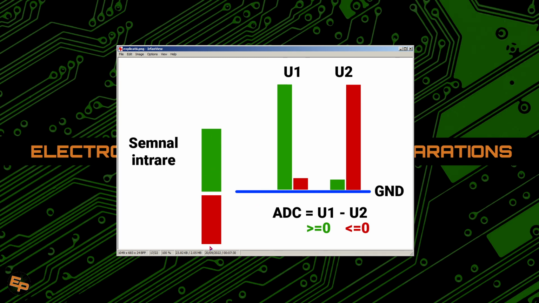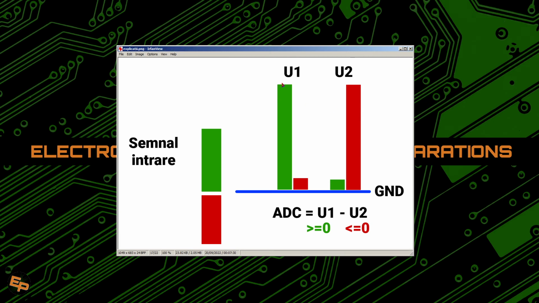The idea is that if on the input signal we have a positive voltage, so a signal above the ground, which is this blue line, with the green in my case, the two output voltages, U1 and U2, are somewhat like this.